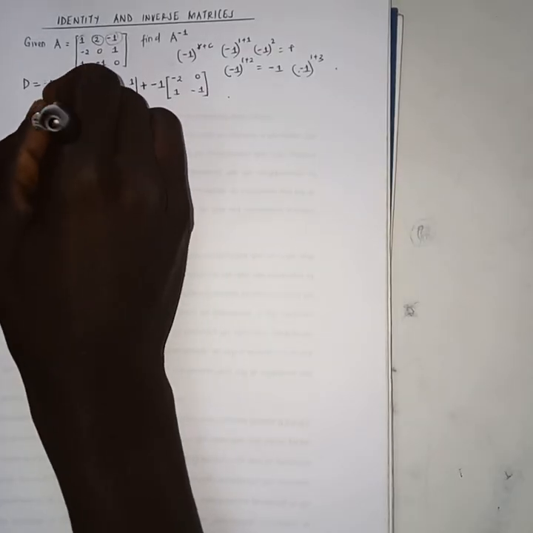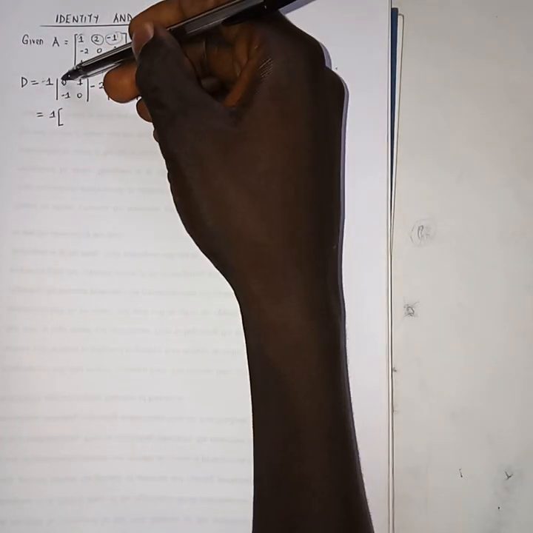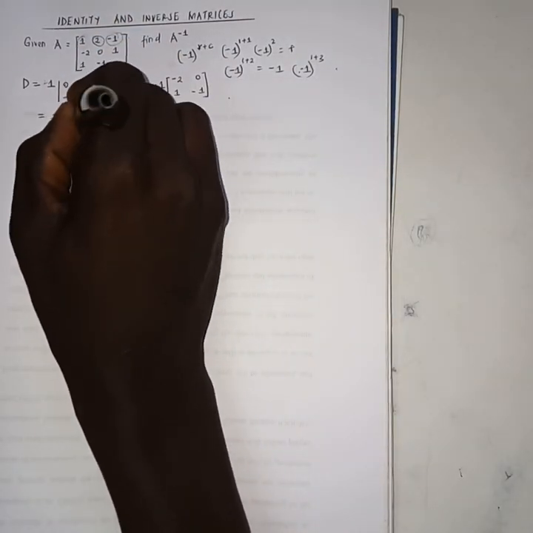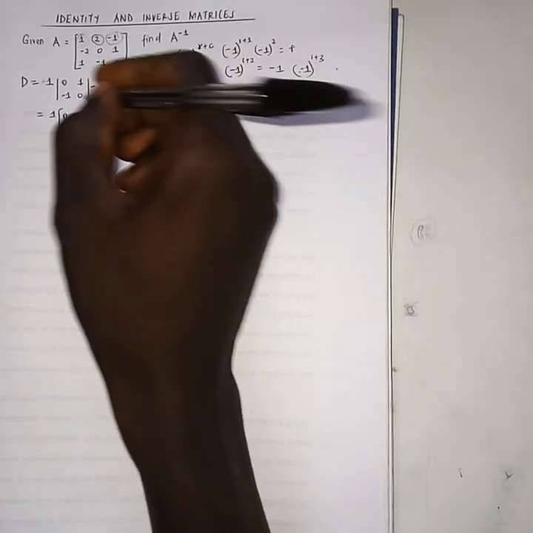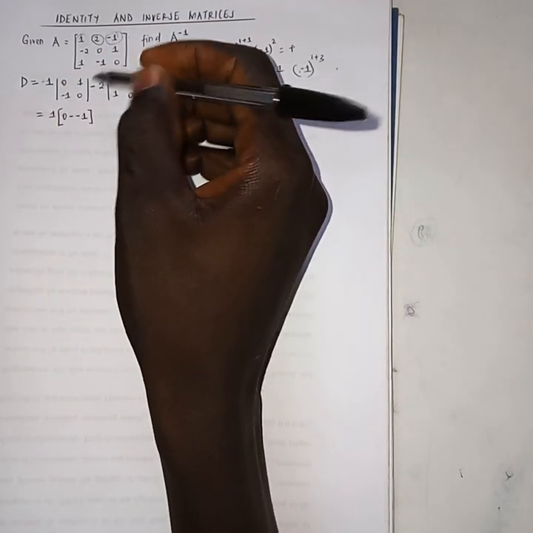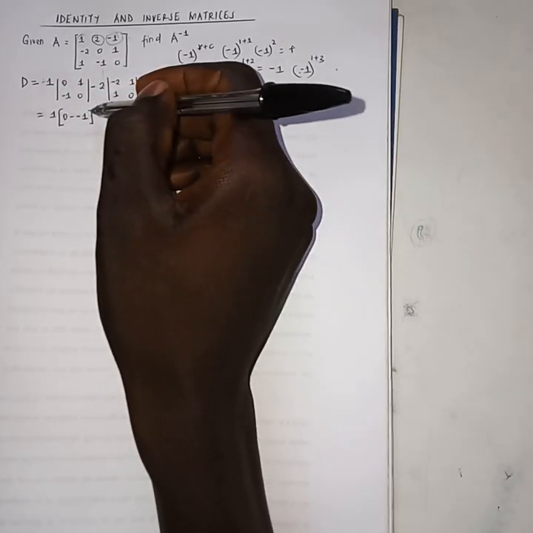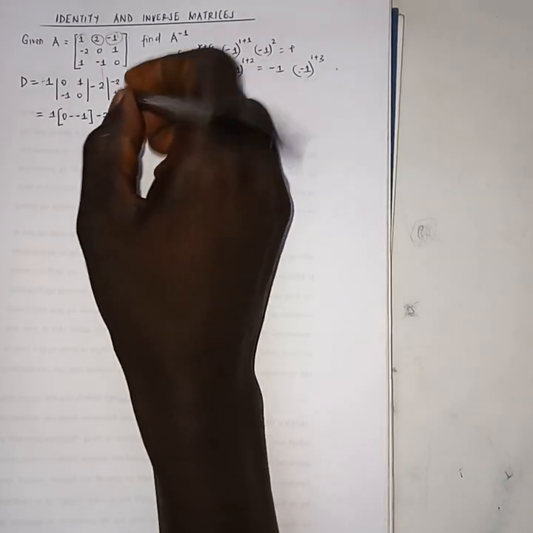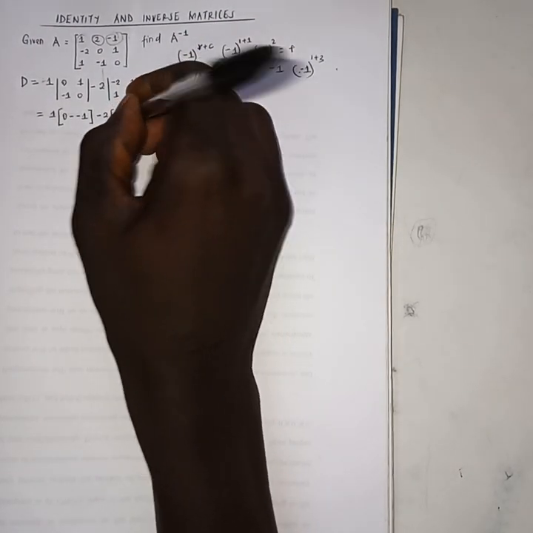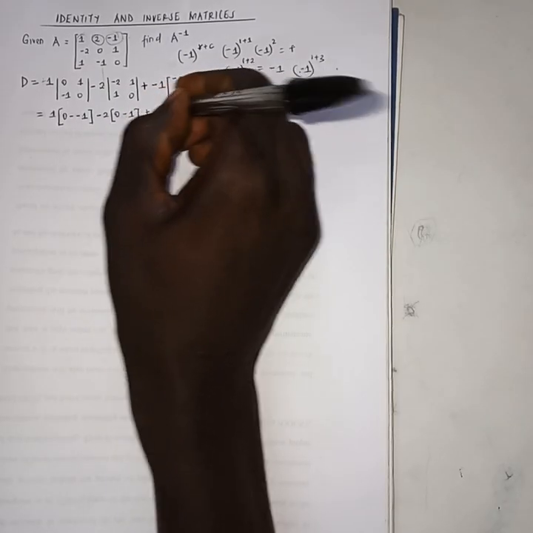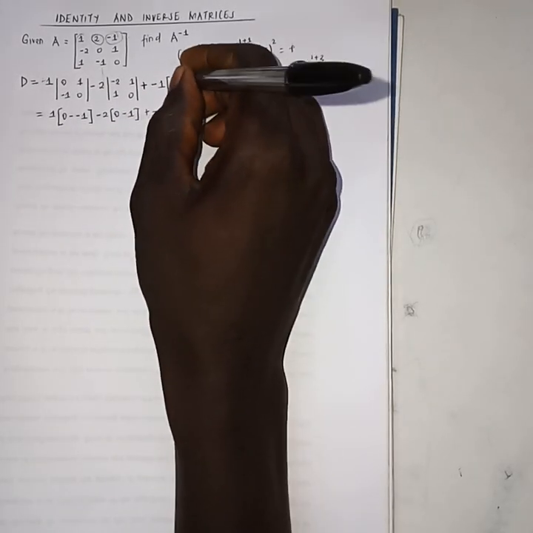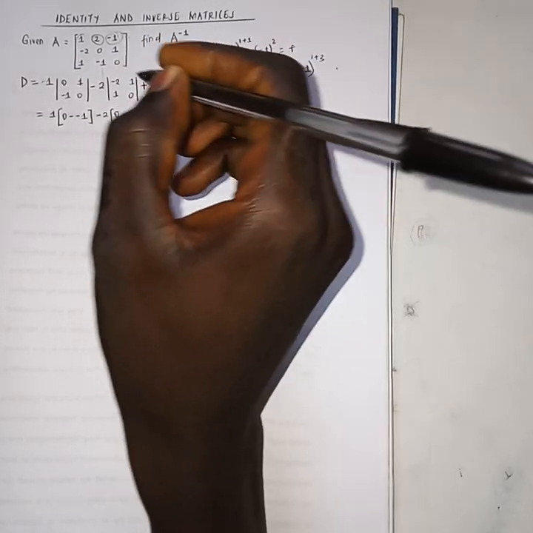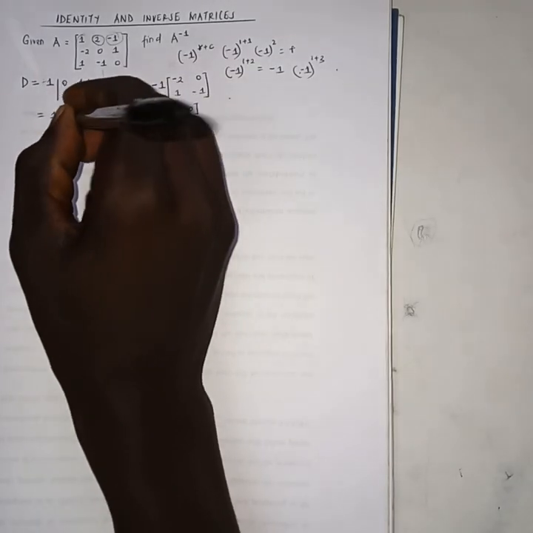So you are going to find the determinant of these minor matrices. We'll be having 1 into the leading diagonal, which is 0 times 0 is 0, minus 1 times negative 1, which is negative 1, so we take away negative 1. Then minus 2 into negative 2 times 0, minus 1 times 1, which is negative 2 times negative 1, that is positive 2, taking away 0, which gives us 1.